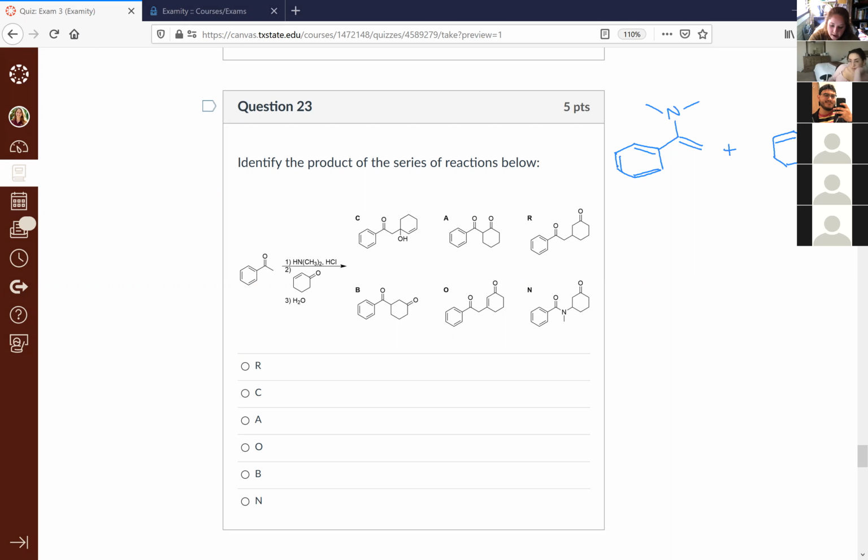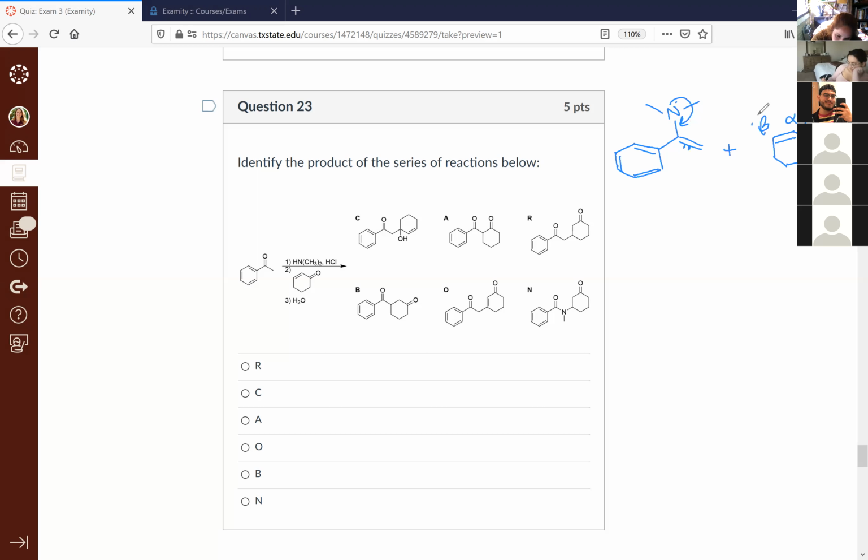Is it going to attack at the alpha carbon, the beta carbon, or the carbonyl carbon? Isn't it the beta carbon? Right, it's the beta carbon. All things attack at the beta carbon of an alpha-beta unsaturated system, except for Grignards and alkyllithiums. So it's going to bring its electrons down, push those out.